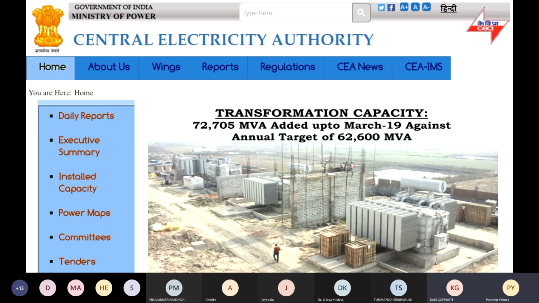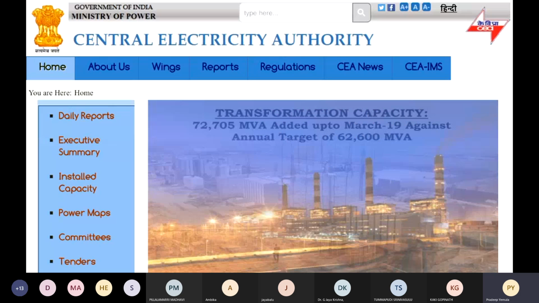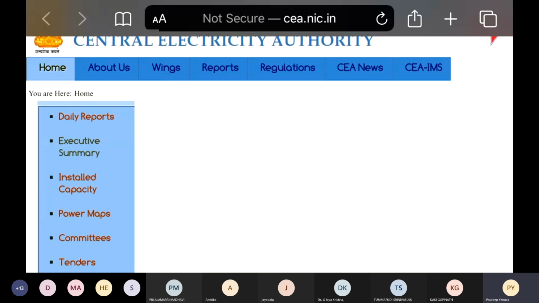On this Central Electricity Authority website, I request everybody to regularly keep checking it. It has daily reports, executive summary, installed capacity, power maps, all these things that you see here, and menus on the top also. For example, if I go to executive summary, there will be a monthly executive summary.